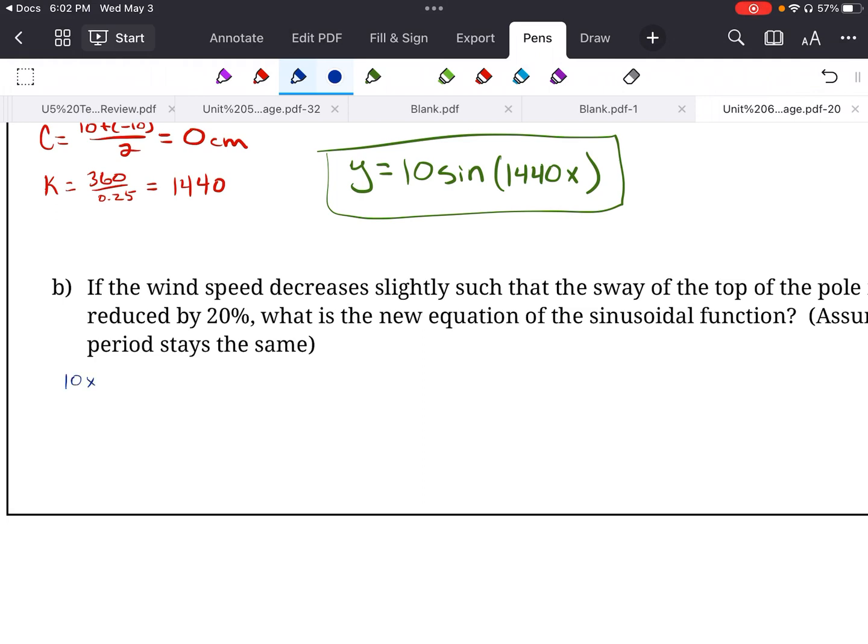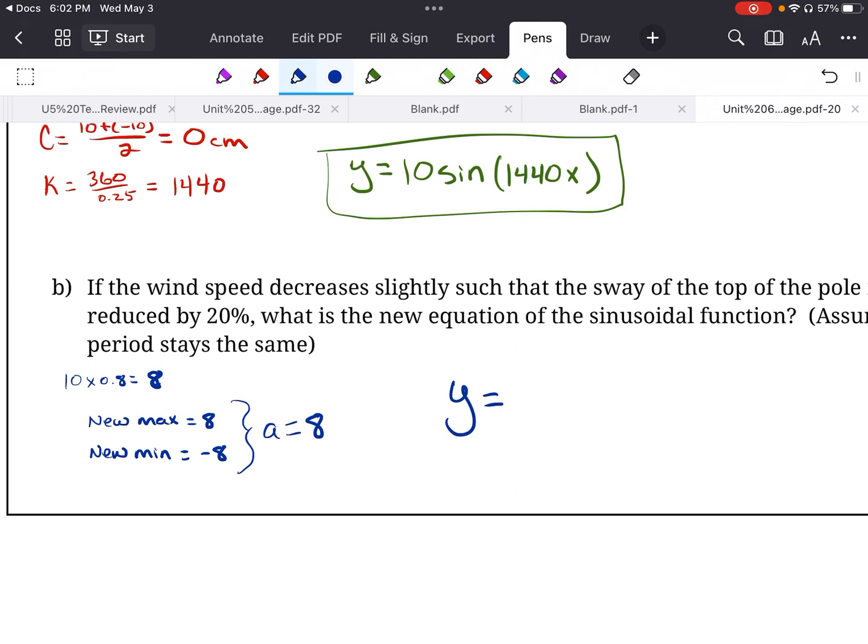And 10 times 0.8 is 8. So that happens both ways. So the new max is 8, and the new min is -8. This just means that our amplitude is now 8 instead of 10.